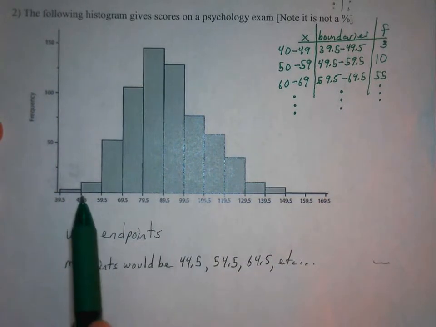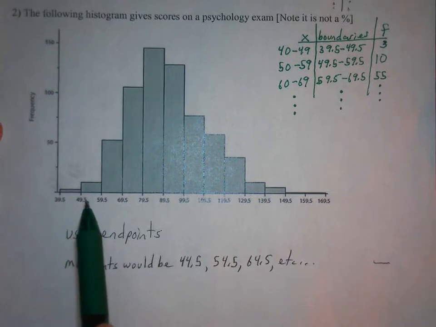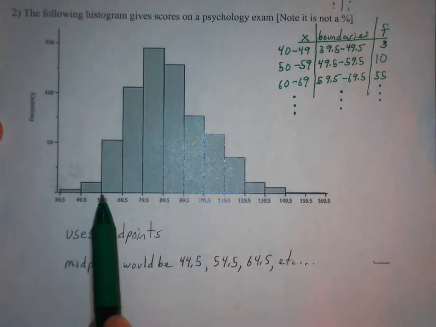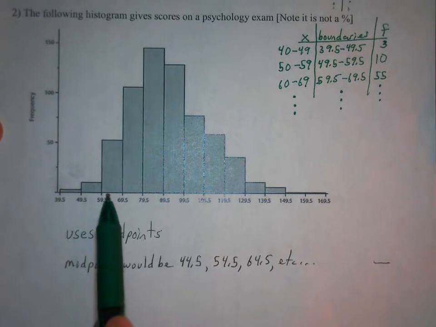So this is using the boundaries or endpoints, and one of the reasons they do this is because in a histogram, the bars should always be connected.